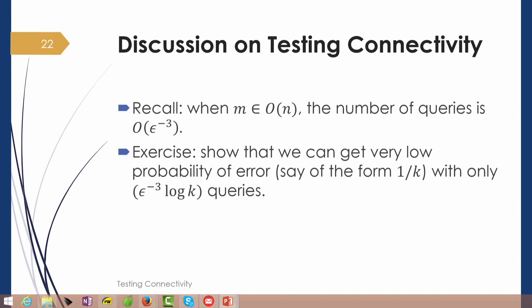So for example, we can get the probability down to something of the form 1 by k for any arbitrary k value with O of epsilon to the minus 3 times log k queries. So this will be a small exercise for you to show that this is in fact true.